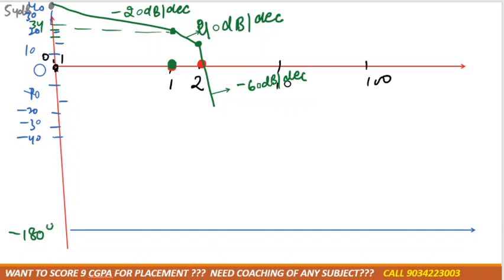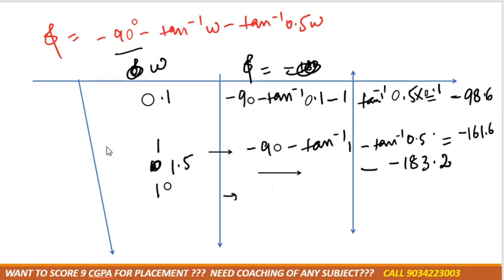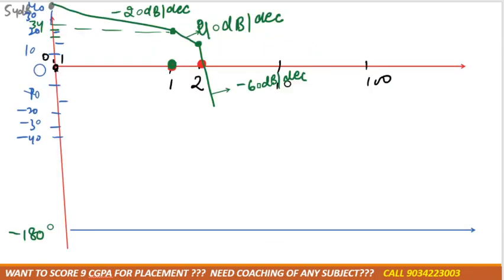Next we need to draw the graph for the phase angle. For the phase angle, we'll mark different points. For different omega we'll get different phi. I'm not drawing it properly.